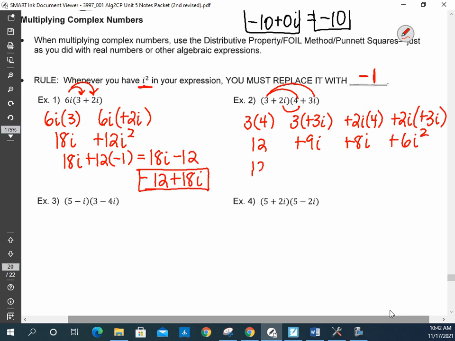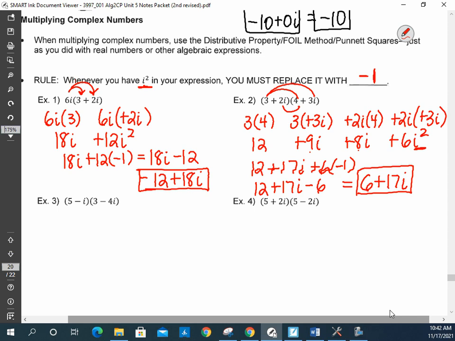You got 12, 9, and 8 gives you 17. Remember, i squared, take the i squared out and put in negative 1. So that gives you 12 plus 17i minus 6, which is equal to 6 plus 17i.